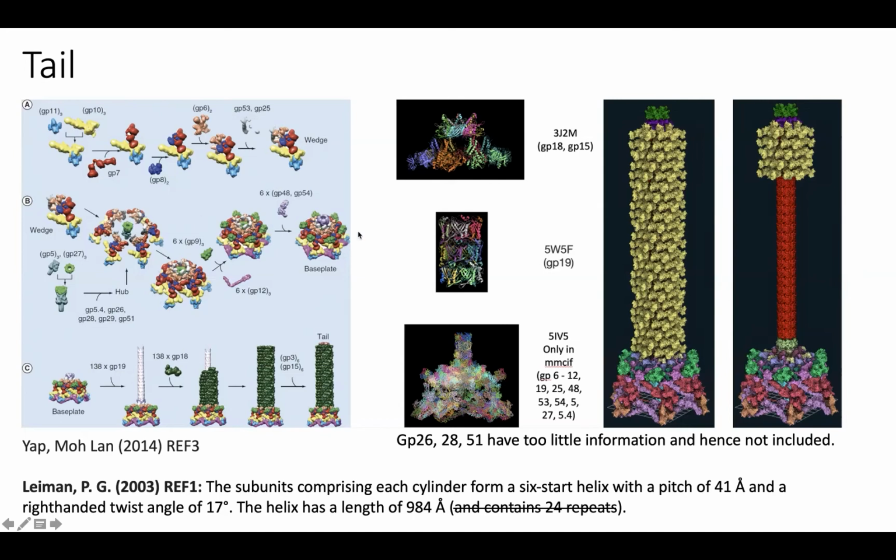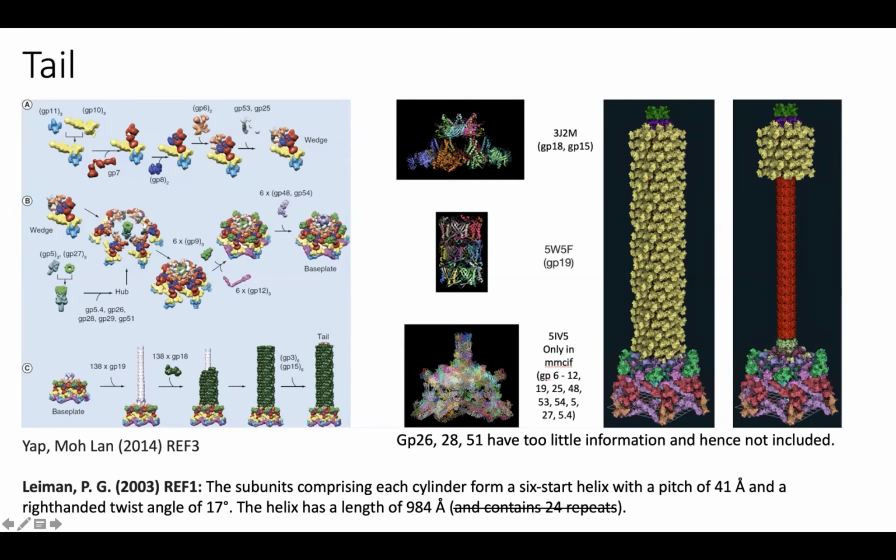However, the base plate that has these many proteins is solved in one complex called 5IV5. So we just use this complex, but separate the different proteins so that we can color them differently in MesoCraft.